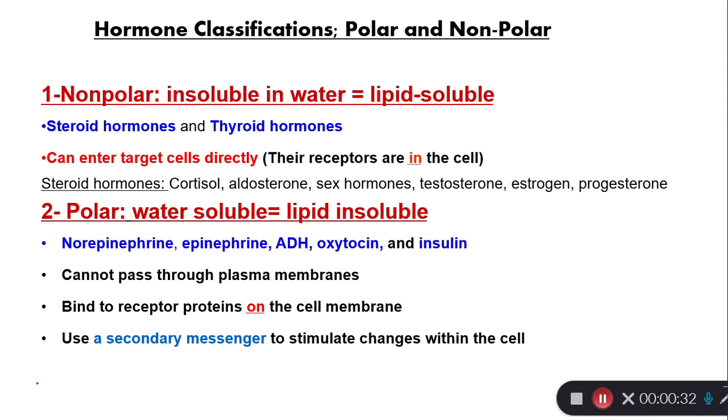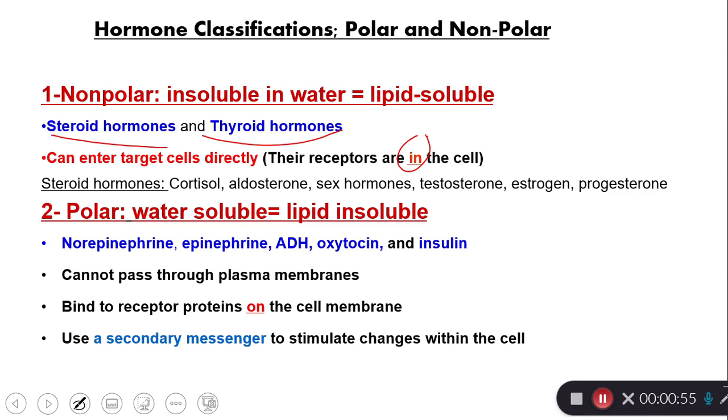The non-polar hormones like steroid hormones and thyroid hormones can go through the bilayer lipid of the cell membrane. That's why they have their receptors inside the cell, in the cell cytoplasm or in the nucleus of the cell.